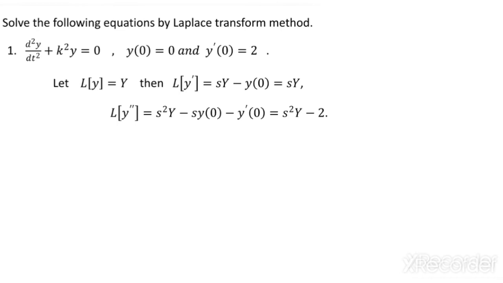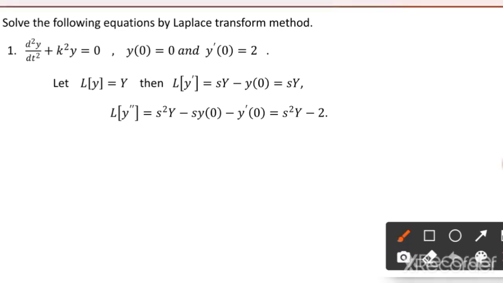Here comes the result. I denote the Laplace transform of y of t as capital Y, that means Y of s. Then the Laplace transforms of y dash and y double dash are required because we have y as well as y double dash. The Laplace transform of y dash is s into capital Y minus y of 0. But substitute the given condition here itself to make it simple.